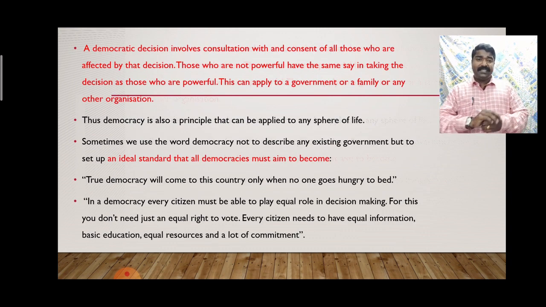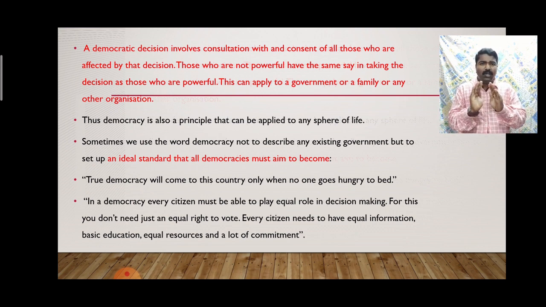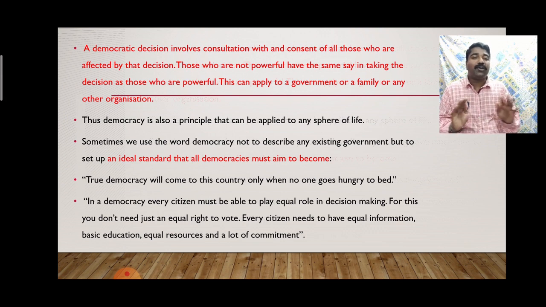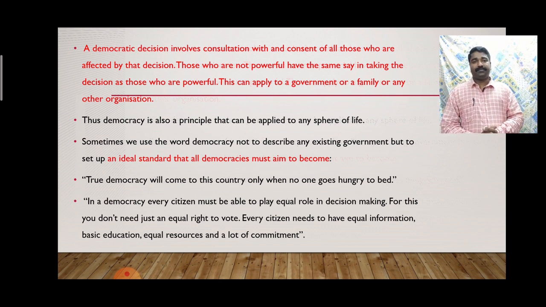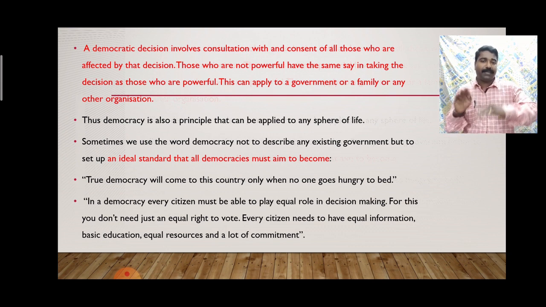A democratic decision involves consultation with and consensus of all those who are affected by that decision. Those who are not powerful have the same say in taking the decision as those who are powerful. This can apply to a government or a family or any other organization. Here, the powerful and the powerless are the same in their opinion. They have the same say.